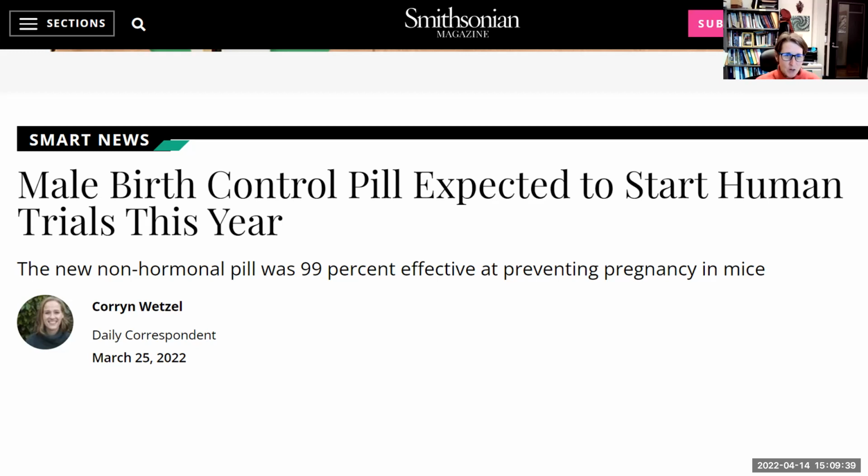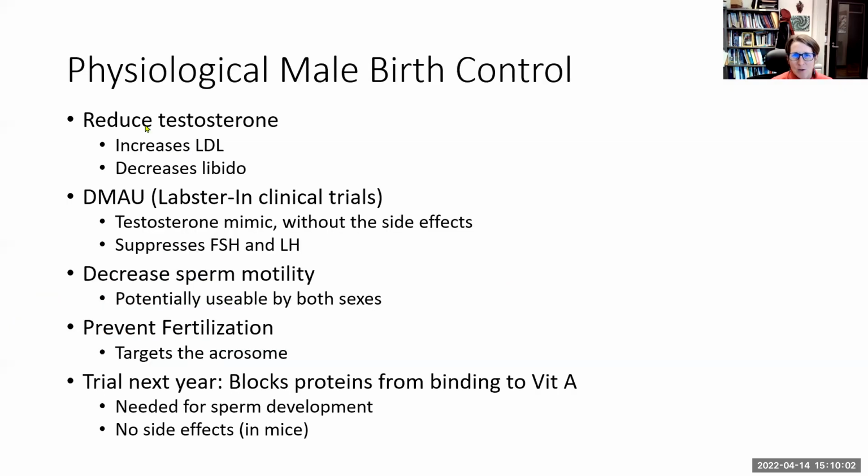This came out March 25th, 2022: a male birth control pill is expected to start human trials this year. It's been effective in mice as the model. In mice, it prevented pregnancy for 99% of the mouse couples. They're hoping to start trials, just like I said. So let's talk about those a bit.